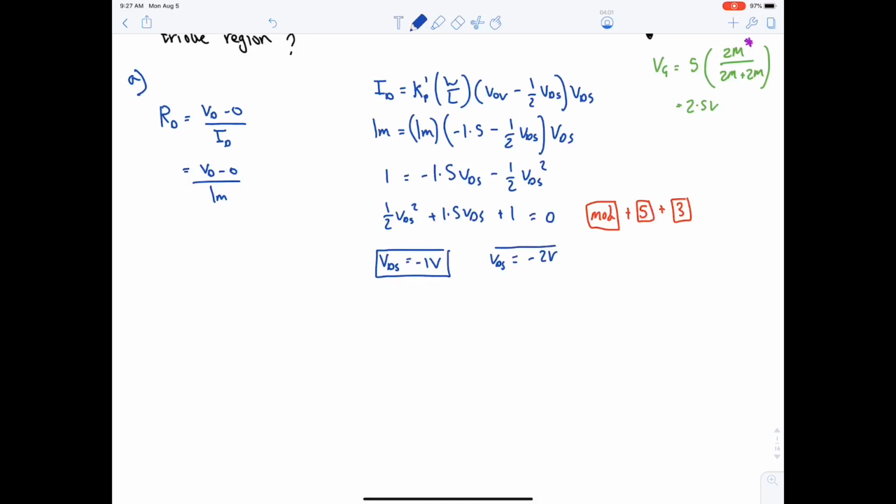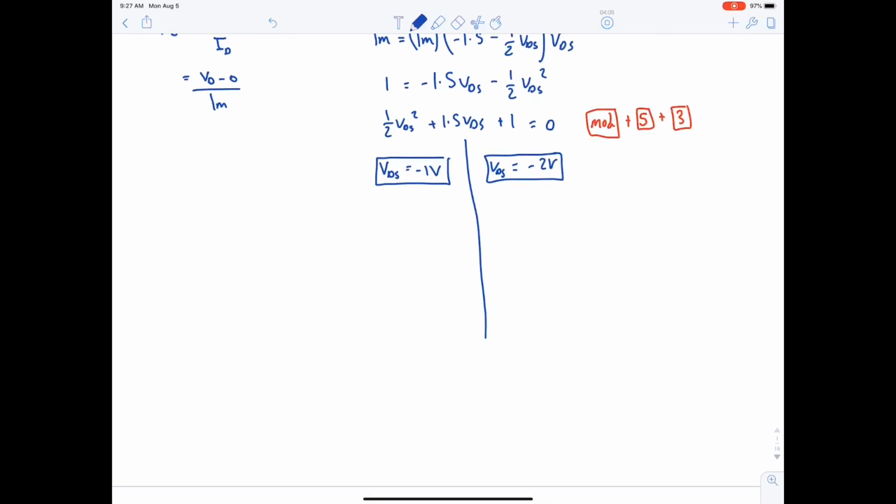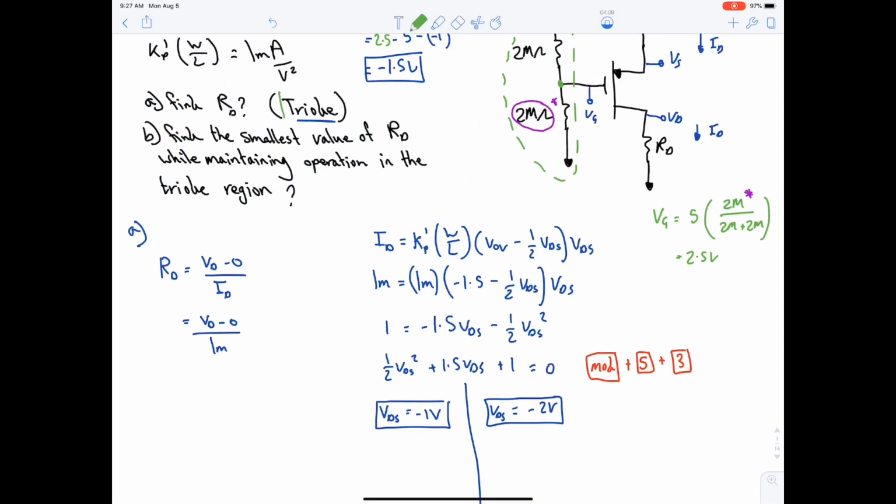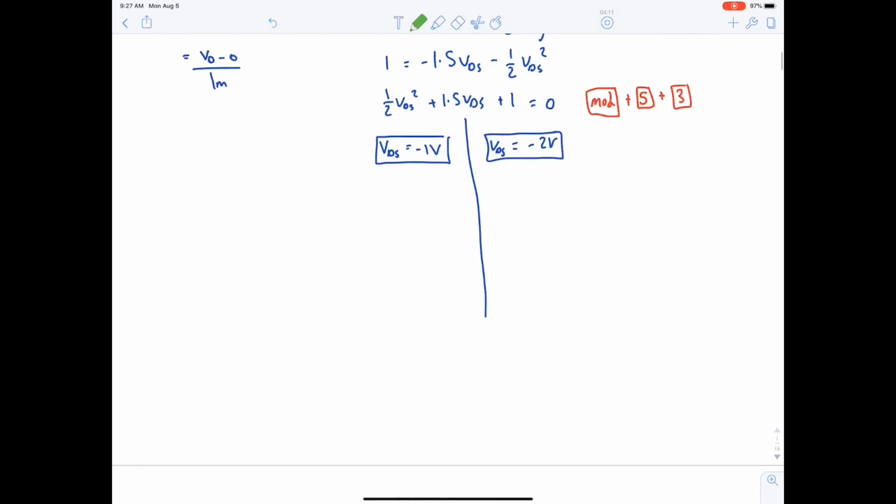Which is the correct answer? In order to know the correct answer, you have to check which region we are in. We are in the triode region, so you have now to check whether this number leads to a triode region, or whether this number leads to a triode region. So the check for triode is VDS greater than or equal to VOV.